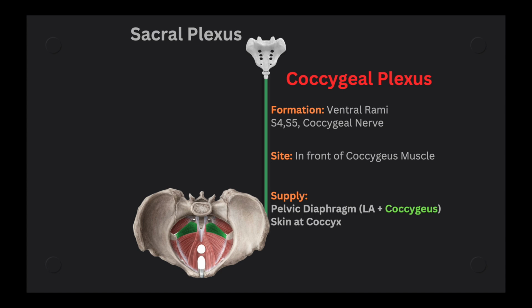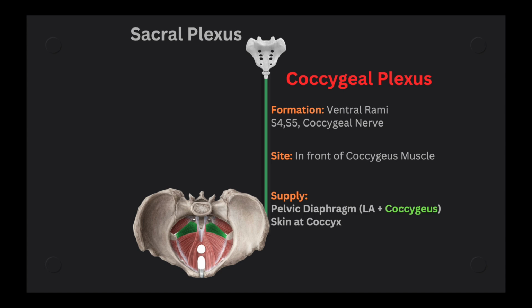The other plexus is the coccygeal plexus. As is the bone, this is a smaller plexus and easier to remember. The formation of this plexus takes place from the ventral rami of S4, S5, and also the coccygeal nerve.